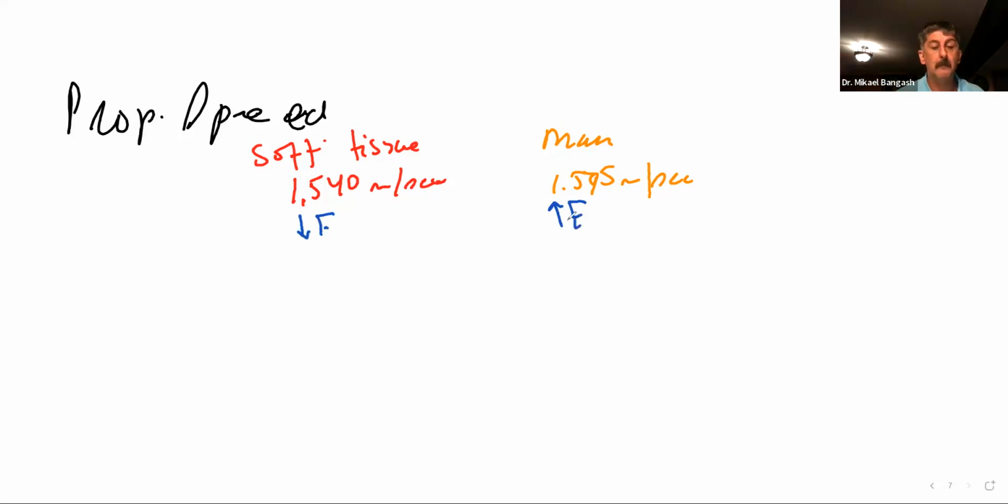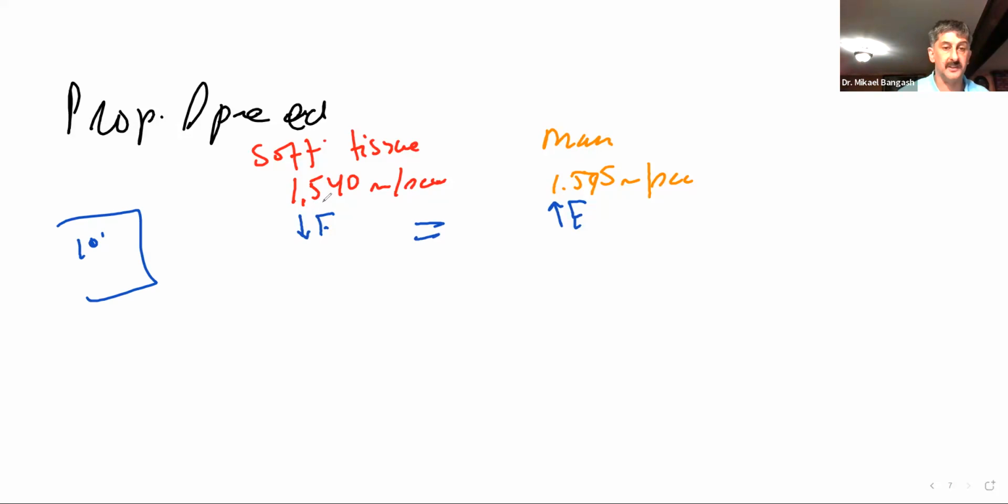No. As a matter of fact, the frequency will remain unchanged, because it is determined by the transducer itself. If it was 10 megahertz, it's going to remain 10 megahertz as it travels through the soft tissue and through this mass.